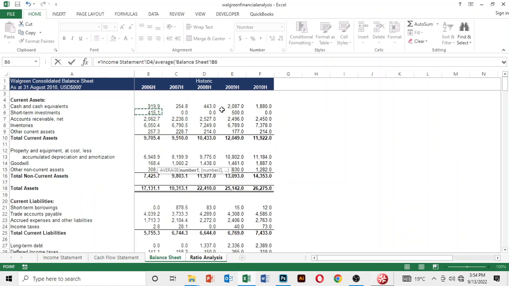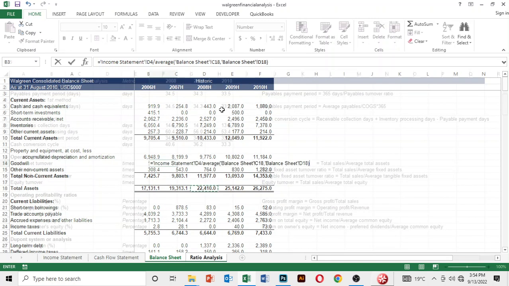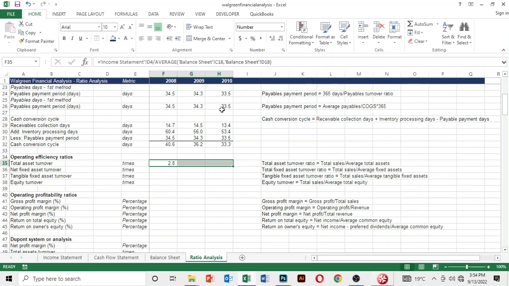We go to the balance sheet, look at the figure for total assets, close brackets, and that's it. Perfect, let's add another decimal place there.